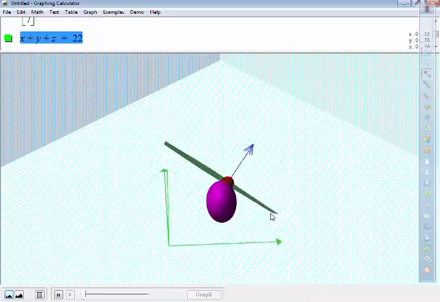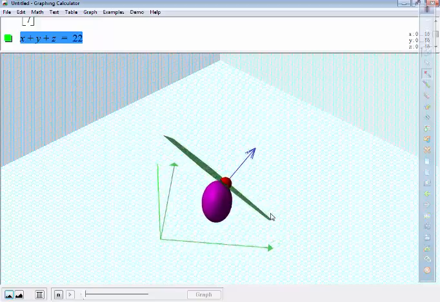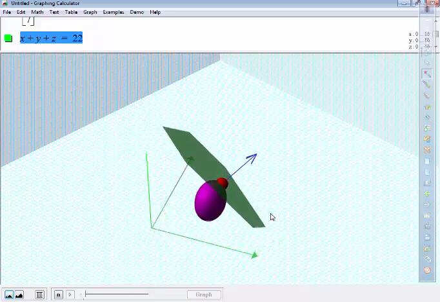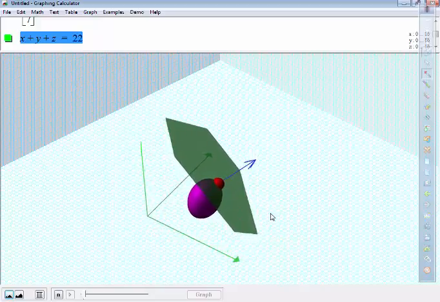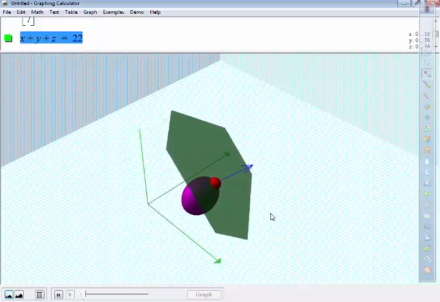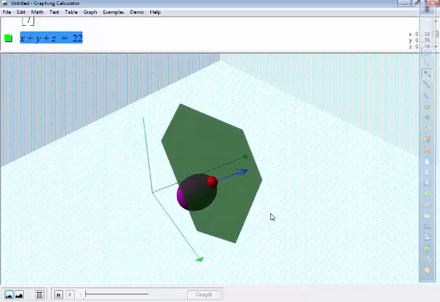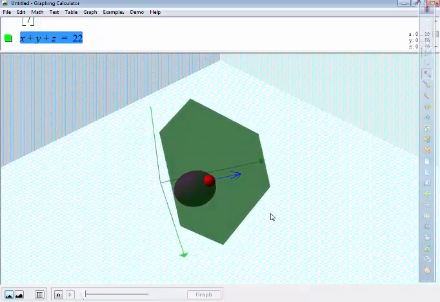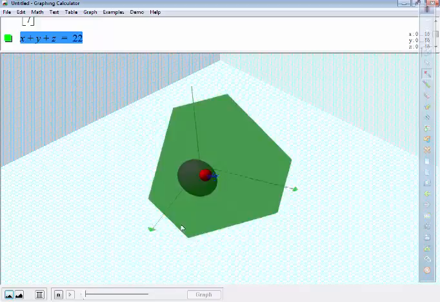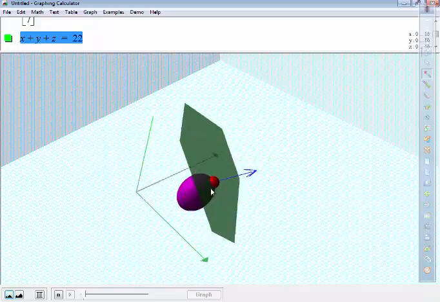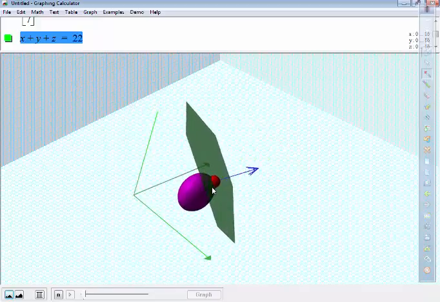So let's summarize this into a formula. Usually we work with formulas first, and then we do an example. This time we did an example first, so now let's summarize this with a formula.